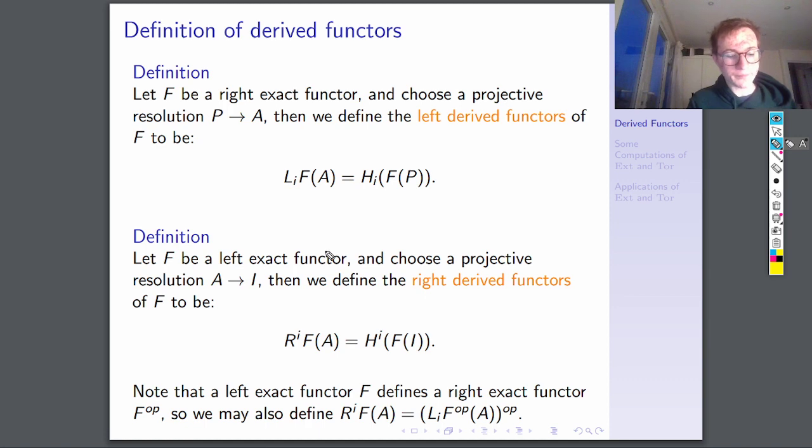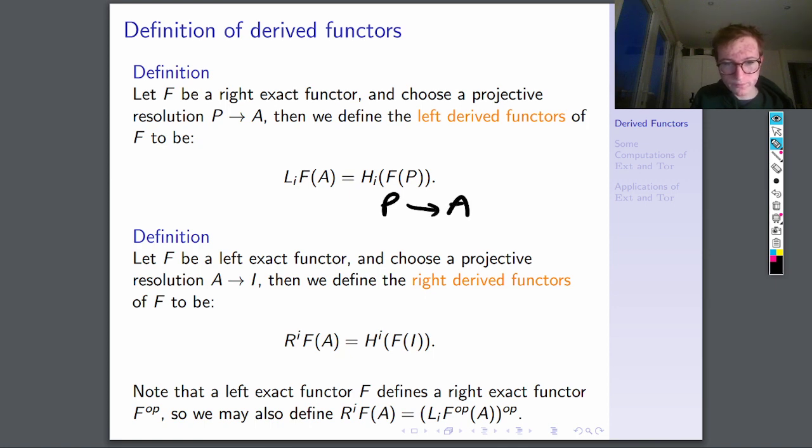But anyway, okay. If we have a right exact functor F and a projective resolution like so, then the left-derived functors of F are defined as the homology of this complex, which you form by taking a projective resolution, like so, and then we cut out the A, and then we apply F to everybody.